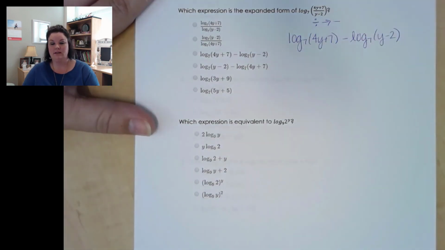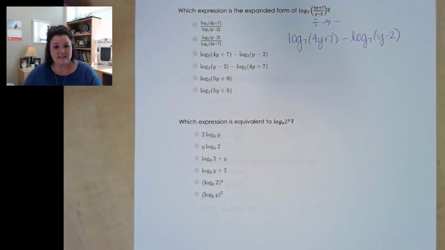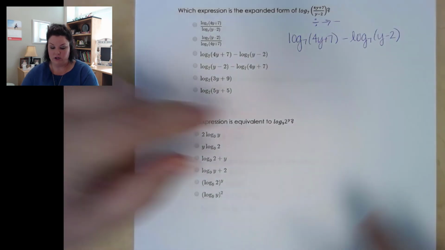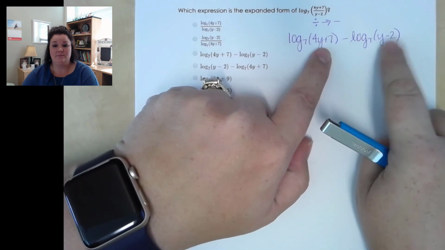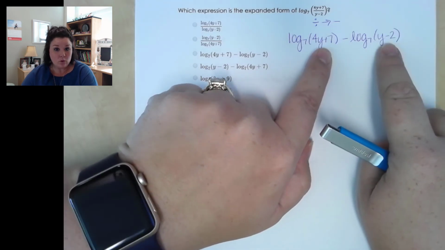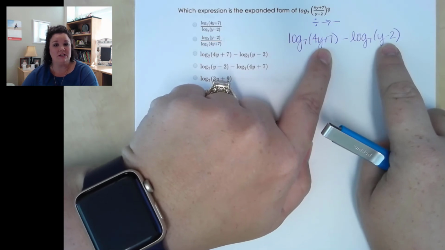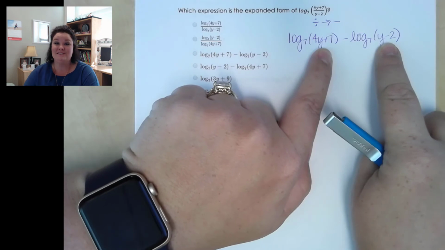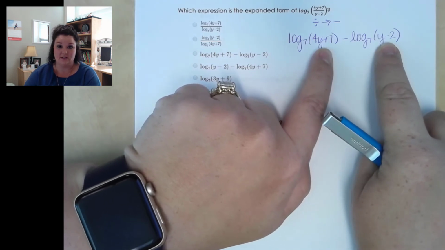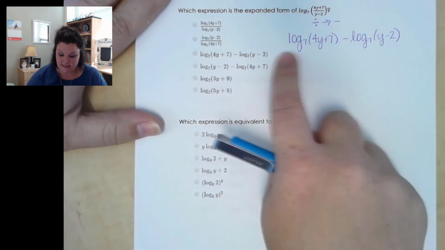Okay. Again, I always check to see if I can go further. When I look inside my quantities, I have an addition and I have a subtraction. We don't have any rules for addition or subtraction inside the log. We only have rules for multiplication, division, and exponents inside the log. Okay, so this is as far as I can go.